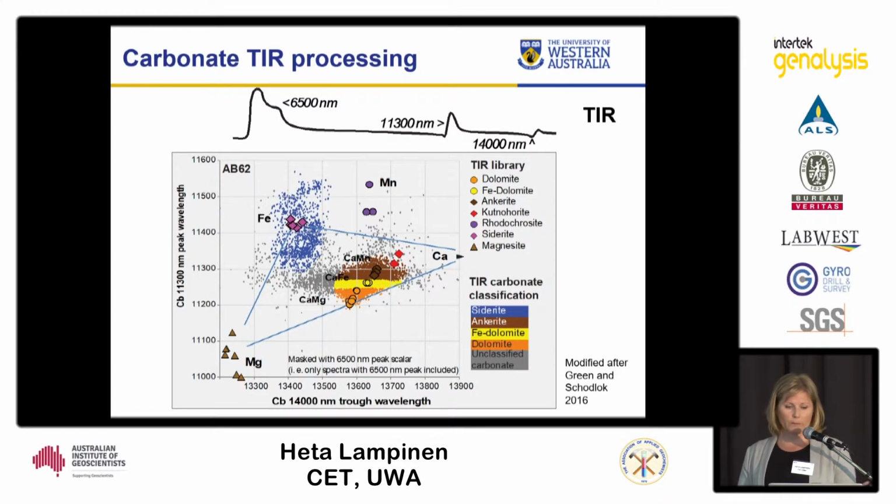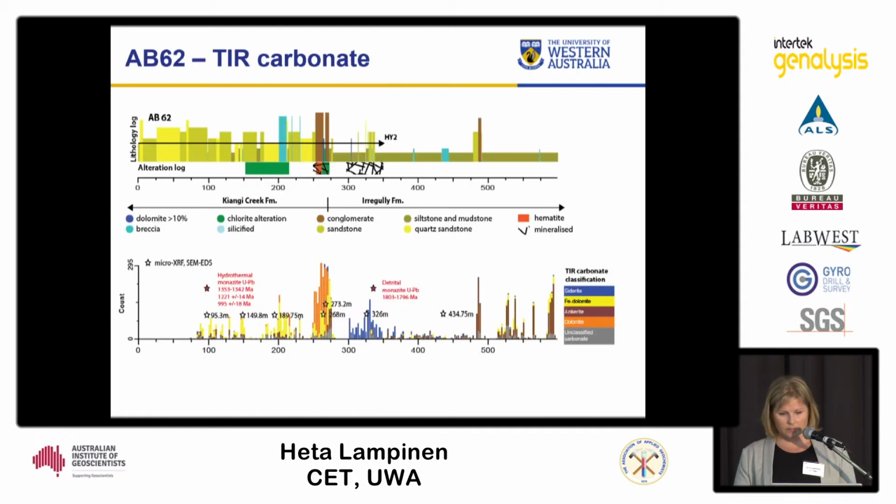There are also pure spectral examples of specific carbonate compositions, which I used roughly to color the main composition. These are all mixes, but you need to name them something. And here is how it looks along the drill hole.